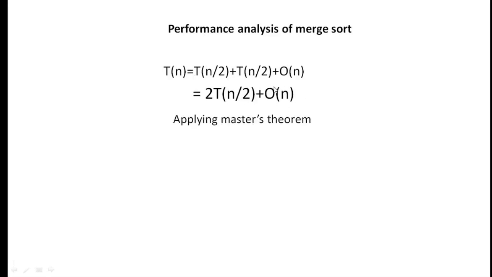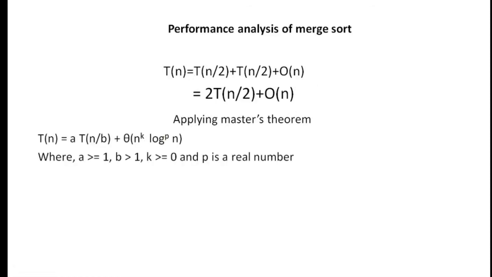Now you can solve it by applying Master's theorem, and this is the Master's theorem for the recurrence relation. T(n) is equal to aT(n/b) plus theta(n^k log^p n), where a should be greater than or equal to 1, b should be greater than 1, and k should be greater than or equal to 0, where p is a real number. And in our case, the recurrence relation is 2T(n/2) plus order of n.